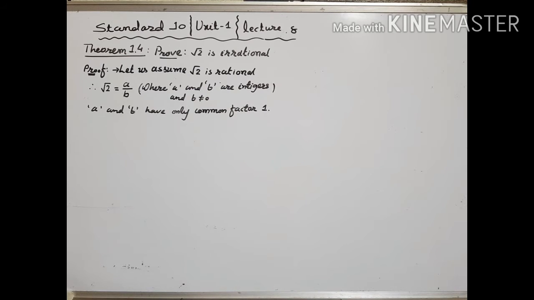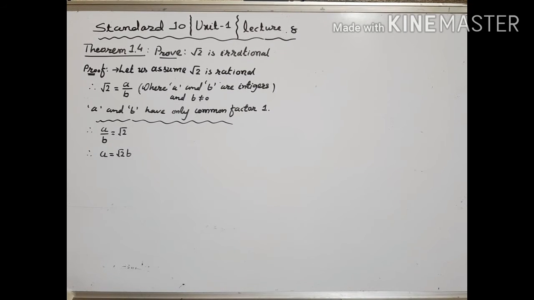So here I have taken that type of value for root 2, and that value is a upon b. So, assuming root 2 is rational, we can write root 2 as a ratio of two integers a and b, and a and b have only common factor 1. Therefore, we can write a upon b equals root 2.